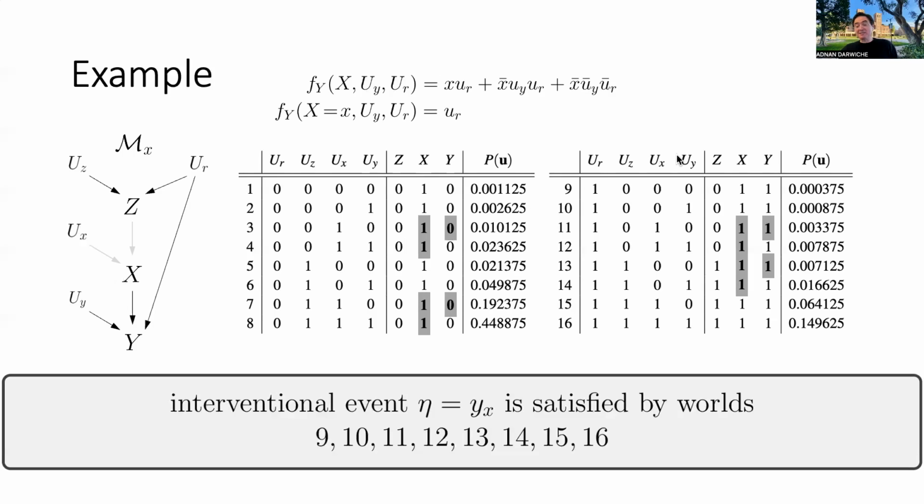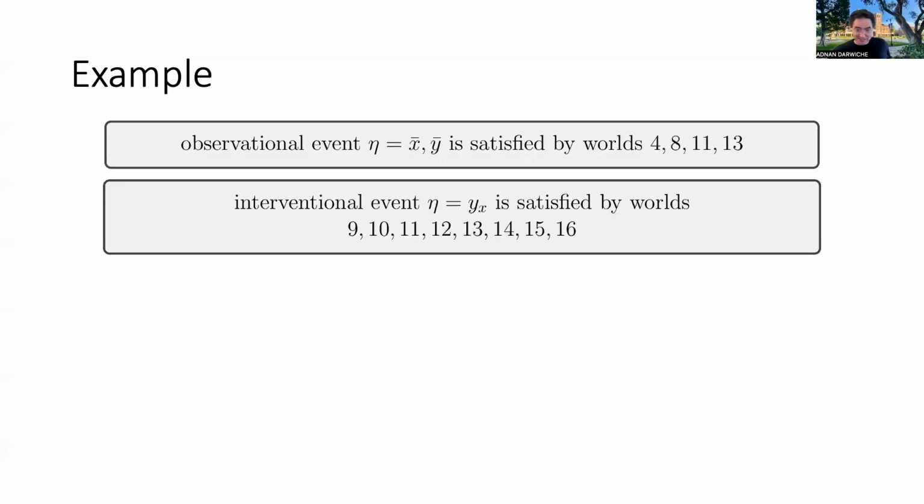Now, if you look in these 8 here, Y is always 1, which is what I want. And in all of these, it's 0. So the interventional event, this one, is satisfied by these worlds. Okay, now look what happens. You're ready. Look how beautiful this is. What we did is I showed you that for this observational event, the worlds in which it holds are these 4.